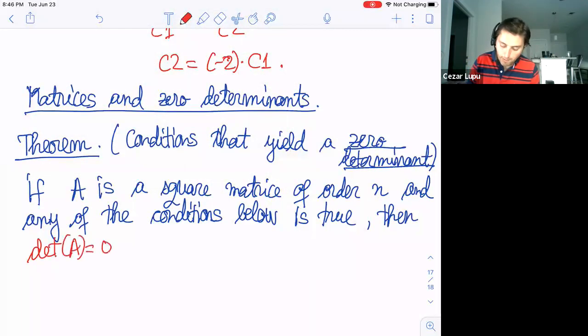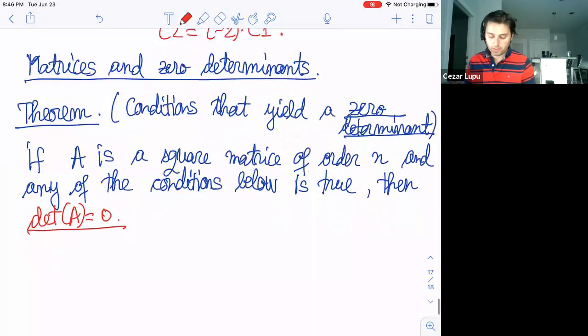So if one of the conditions that I'm going to mention is satisfied, then the determinant of the matrix is 0.